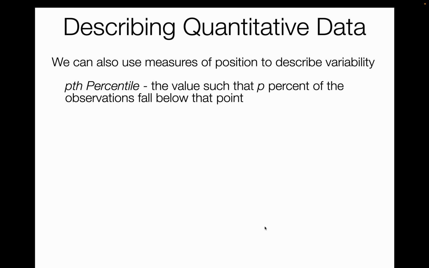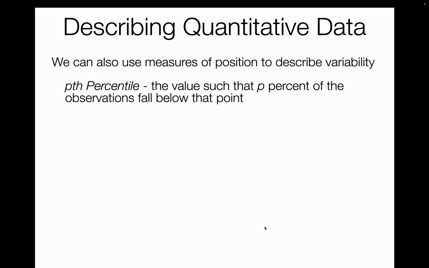A percentile is the value such that P percent of the observations fall below that point. We often see percentiles in standardized testing. If you took the SAT, they'll often give you a raw score and then a percentile.